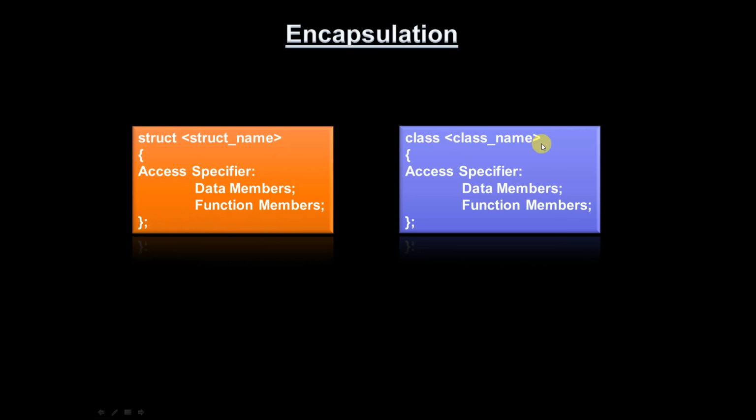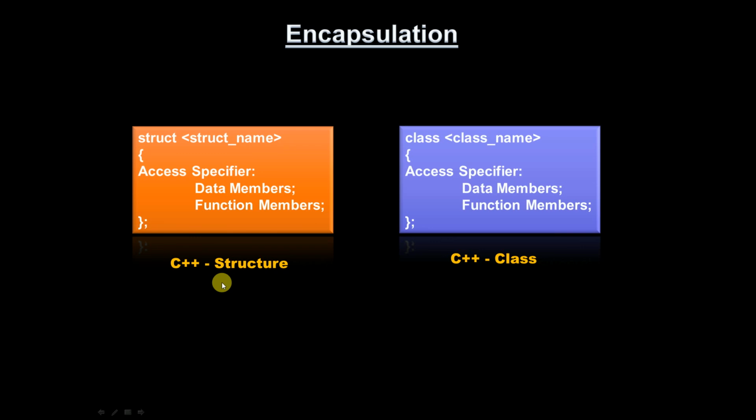For a class it is class name, open braces, access specifiers, data members, function members, and closing braces. The only difference is the struct keyword here and the class keyword there. So this is a C++ structure and this is a C++ class. C++ class is almost similar to C++ structure. There will be some differences between C structure and C++ structure, which we will see in an upcoming session.